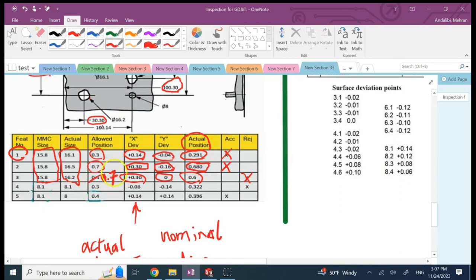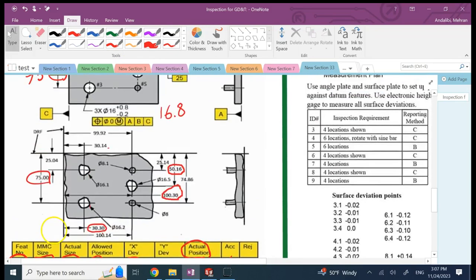But how would I make it 0.7 when the diameter is made 16.5? If this hole, instead of 16.2, was made 16.5, which is still between the upper and lower limits, I can pass the hole. So I don't need to redo the part from scratch. All I need is to make the hole a little bit bigger.